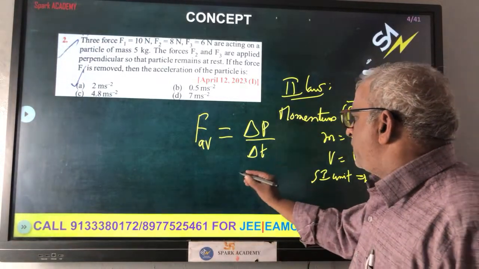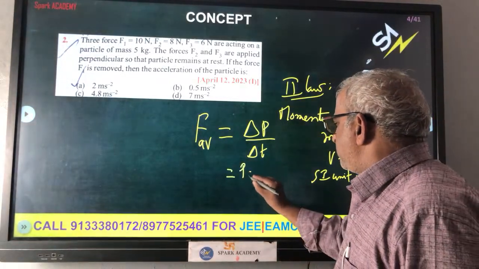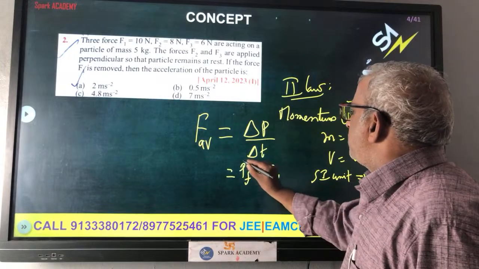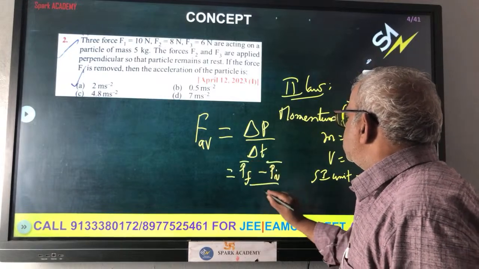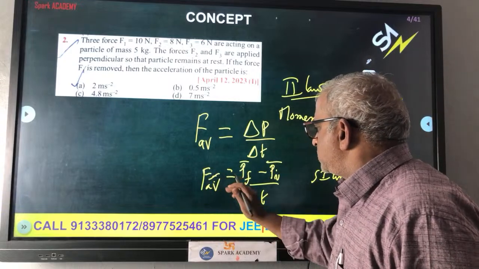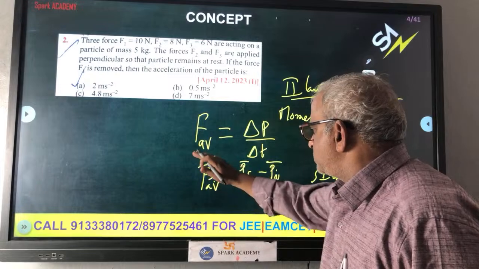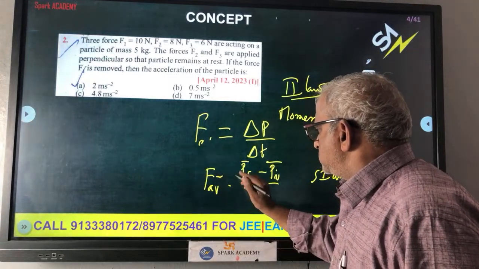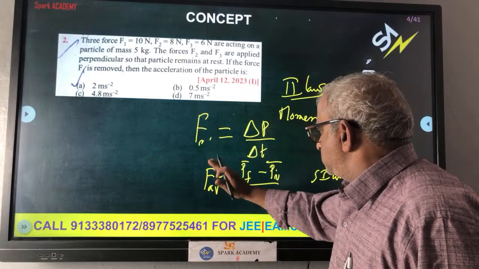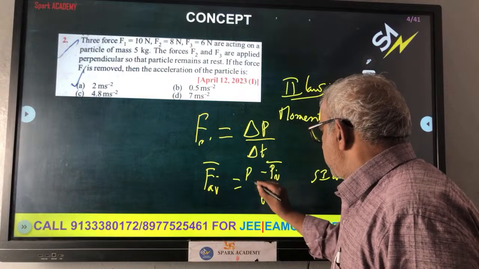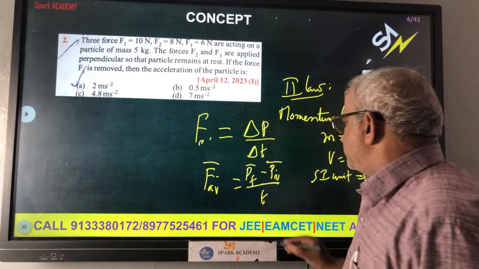Changing momentum means final momentum and initial momentum, the vector P final bar minus P initial bar. Time is a scalar. This is called average force, which is a vector. Average force is P final minus P initial by T.